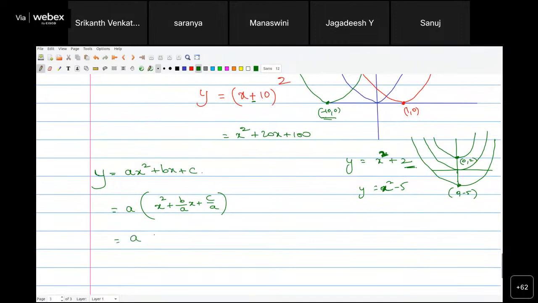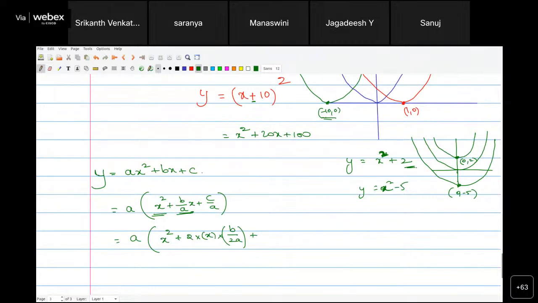And next thing what I will do is, I have a square plus, I will treat this as 2ab. So x square plus 2 times x times b by 2a. What term should I add in order to make this a perfect square?